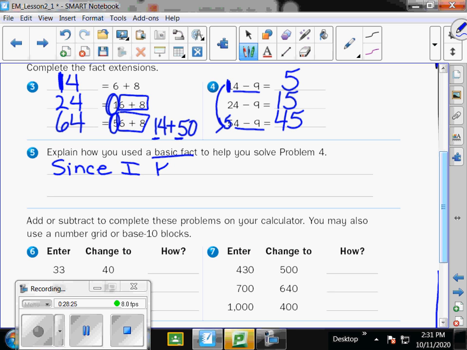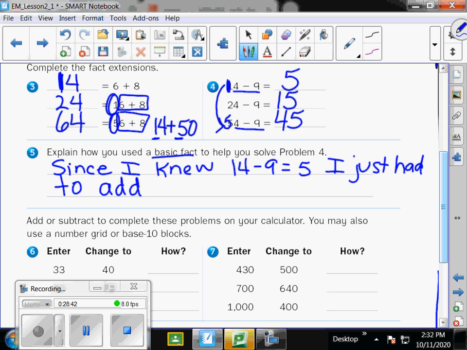Since I knew 14 minus 9 equals 5, I just had to add on the extra tens. Because that's all we were doing, boys and girls.